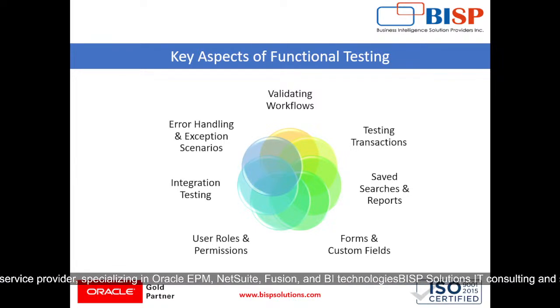We will verify approvals, notifications, and transactions function as expected, and we will test for exception and error handling. Then testing transactions, where we validate creation, approval, and posting of transactions, for example invoices and purchase orders. Then we ensure correct GL impact and financial postings.